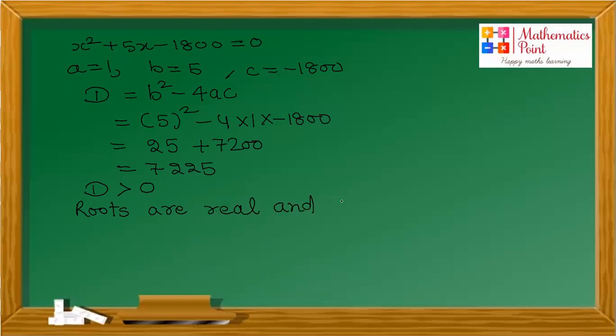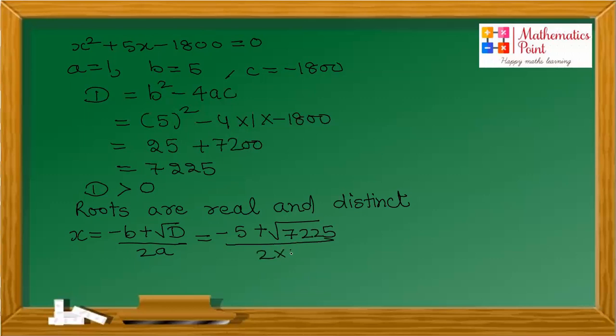Now we will find the roots of this quadratic equation. So the first root is given by x is equal to minus b plus square root of d over 2a, which is equal to minus 5 plus square root of 7225 divided by 2 multiply 1, which is minus 5 plus, what is the square root of 7225?